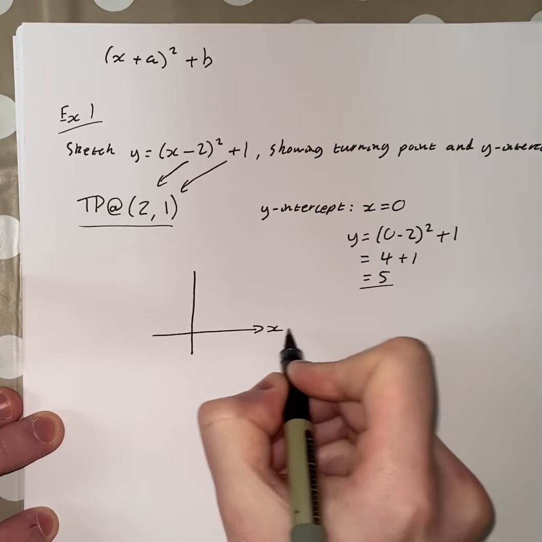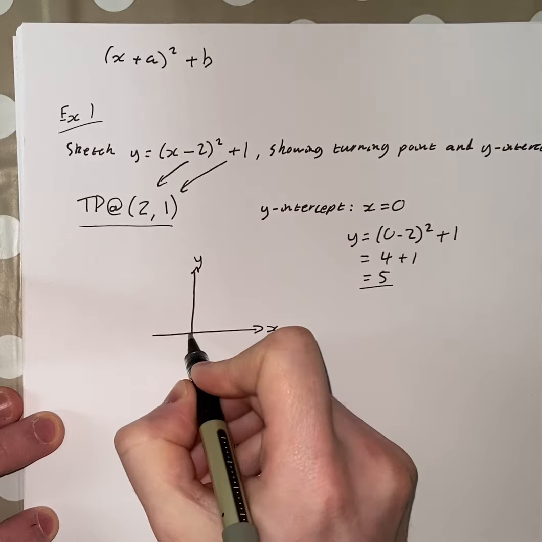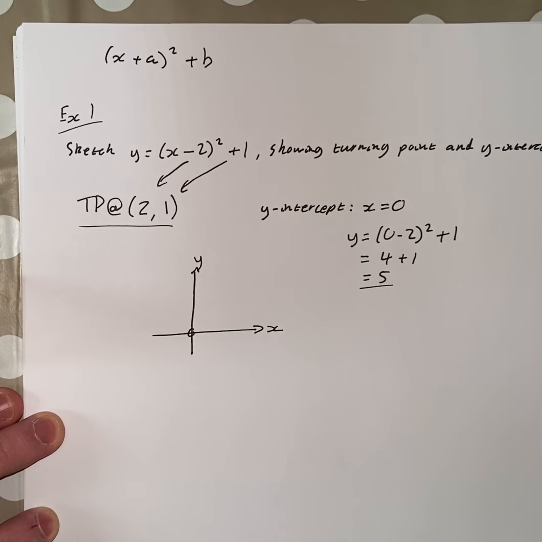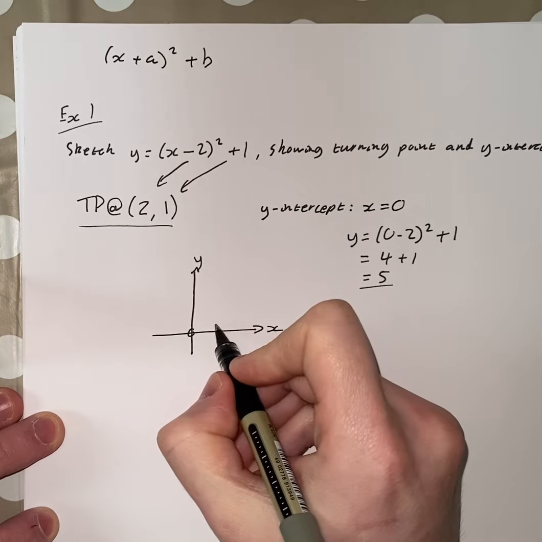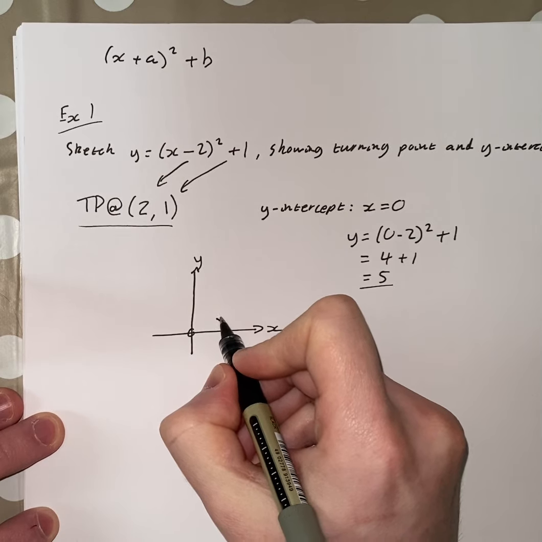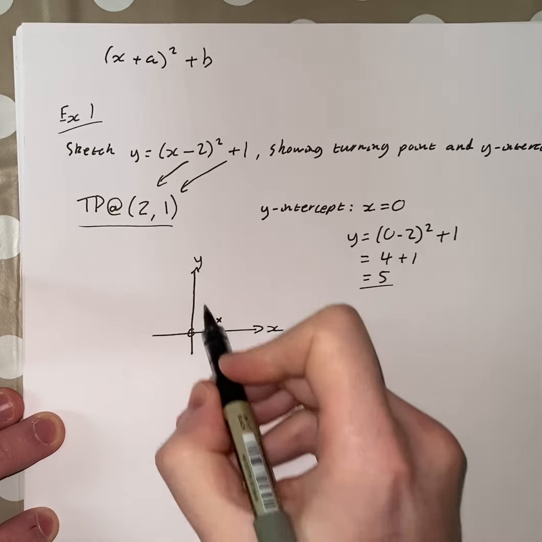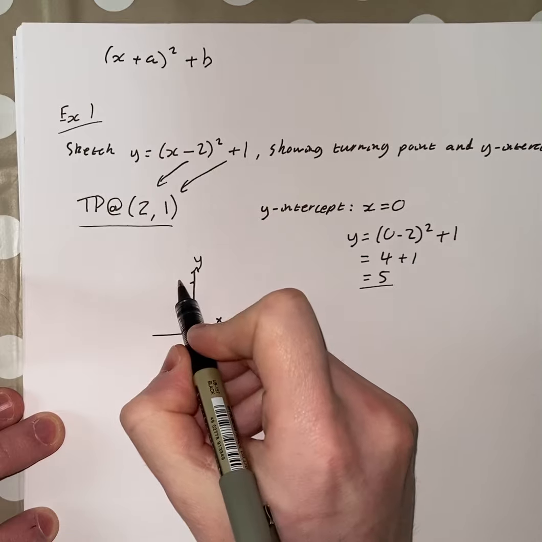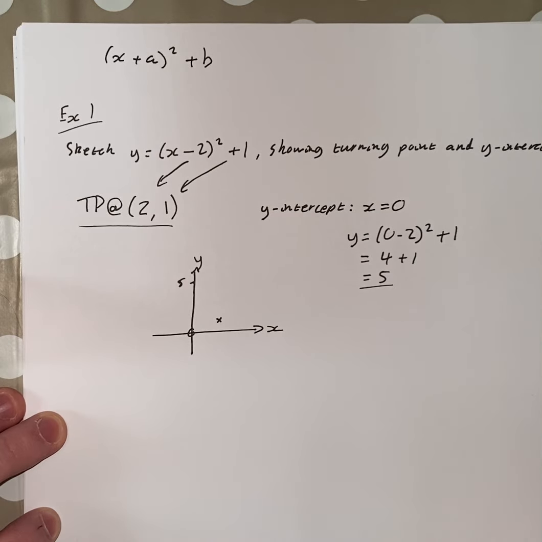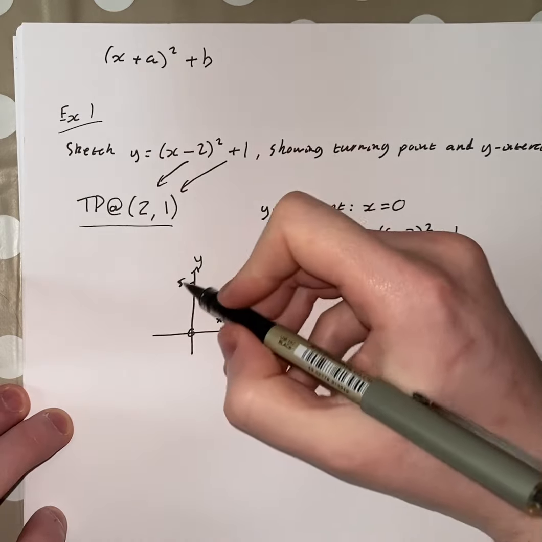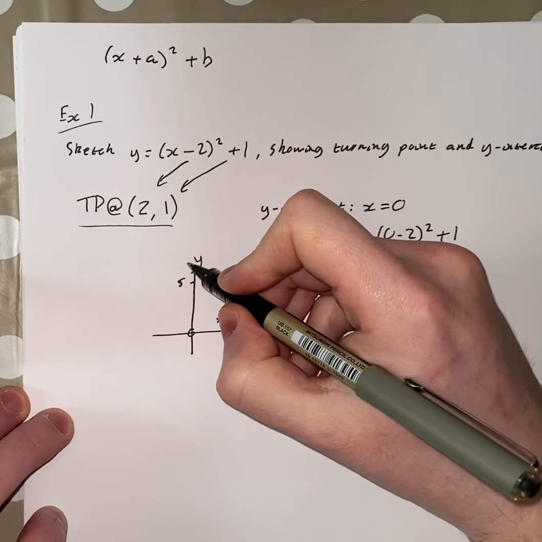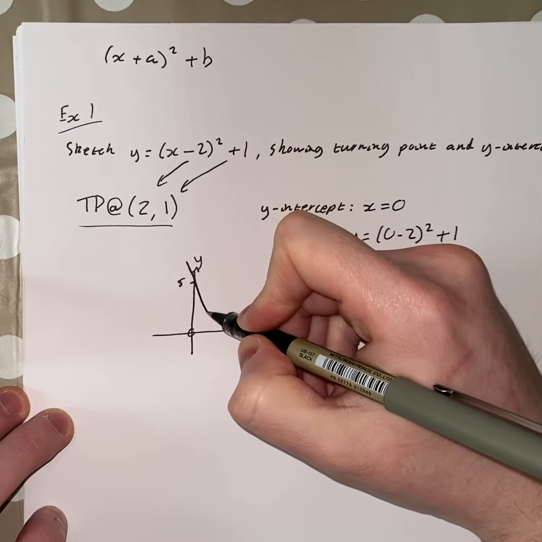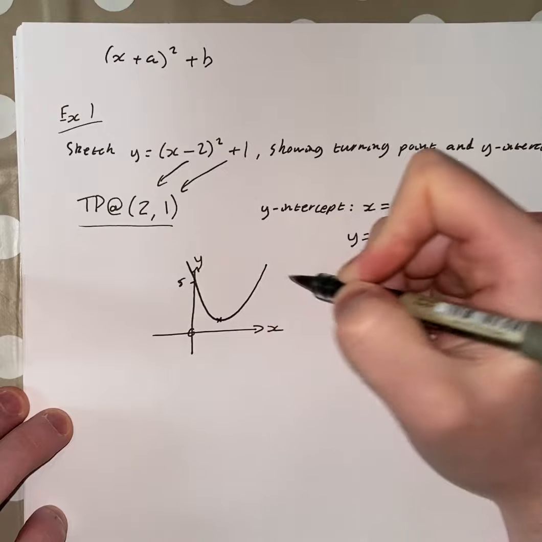What we can now do is knock up a quick sketch of this. So we've got x, y, and our origin. Turning point is at (2, 1), so let's say that's about here. And then the y-intercept of 5, let's say that's roughly there. It is just a sketch, it only needs to be approximate. This is our turning point, and so our graph is going to come down, turn through there, and come back up.